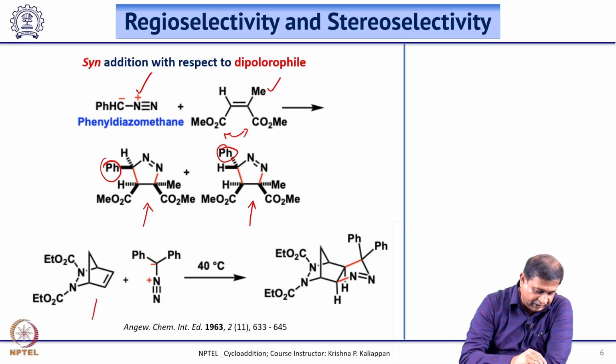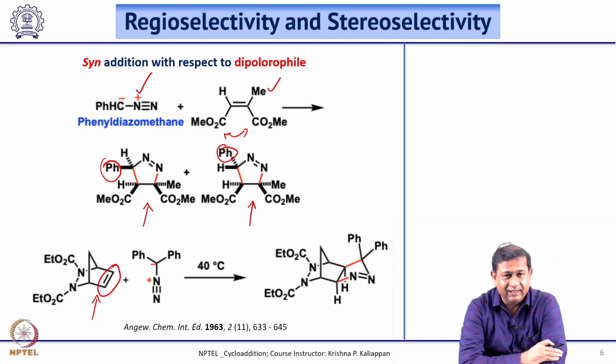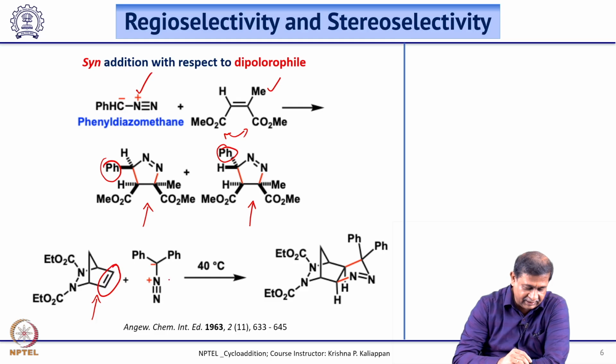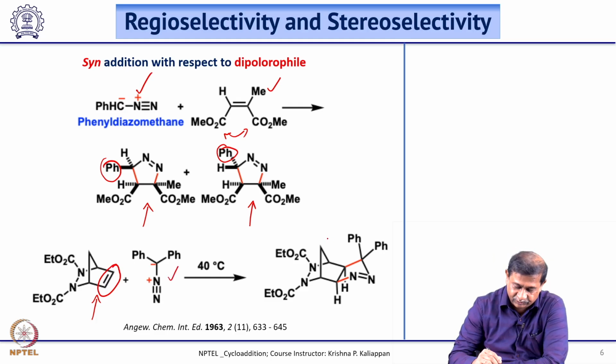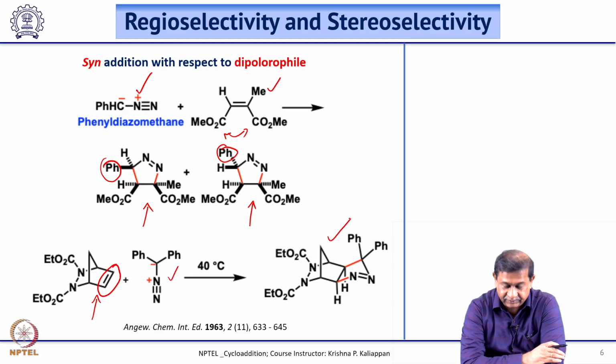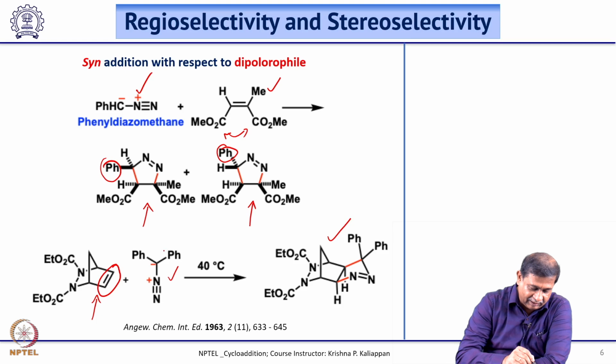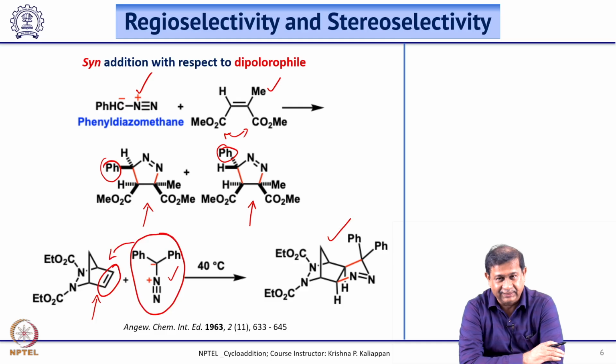And in this particular example, this double bond will behave like a dipolarophile, and this is a symmetrical compound, and upon treatment with this diazo compound, it can undergo a 3+2 cycloaddition to give this tricyclic compound. As you can see here, the attack of this dipole is from the exo face of this bicyclic compound.